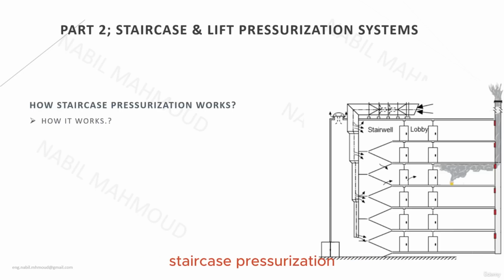Also, staircase pressurization maintains a tenable environment in the exit path of the occupants while they are trying to escape from a fire on the staircase, which means that it helps to protect life and reduce any casualties or loss of life.